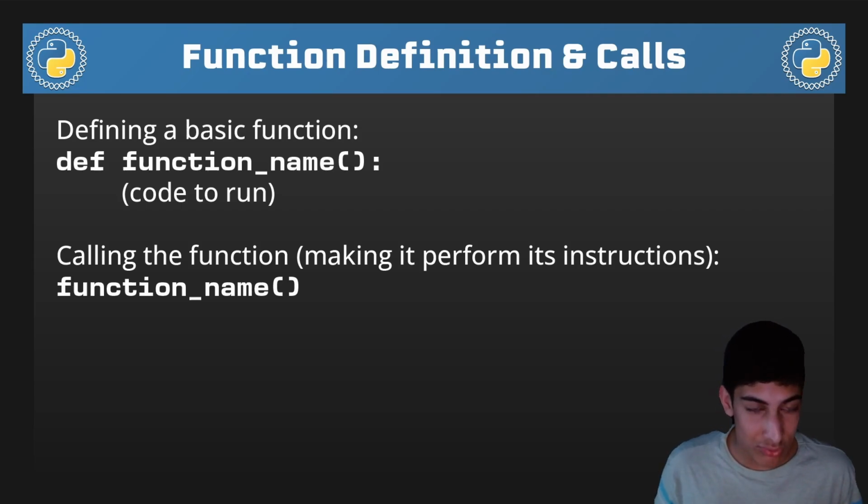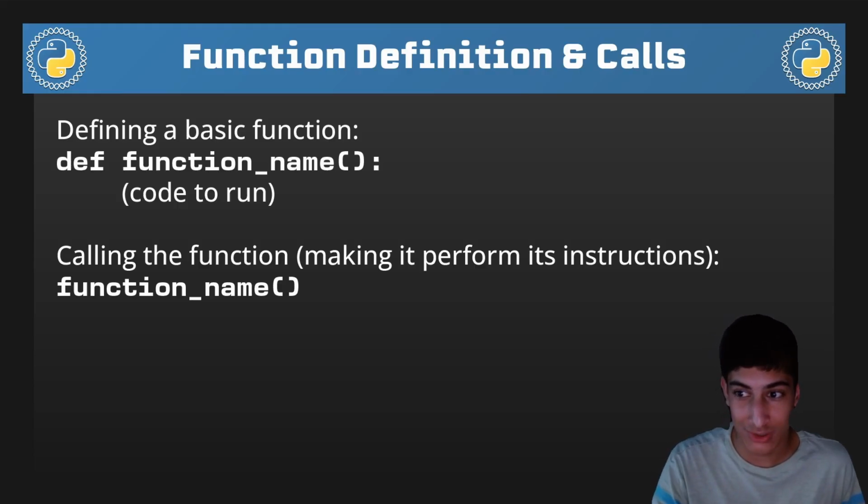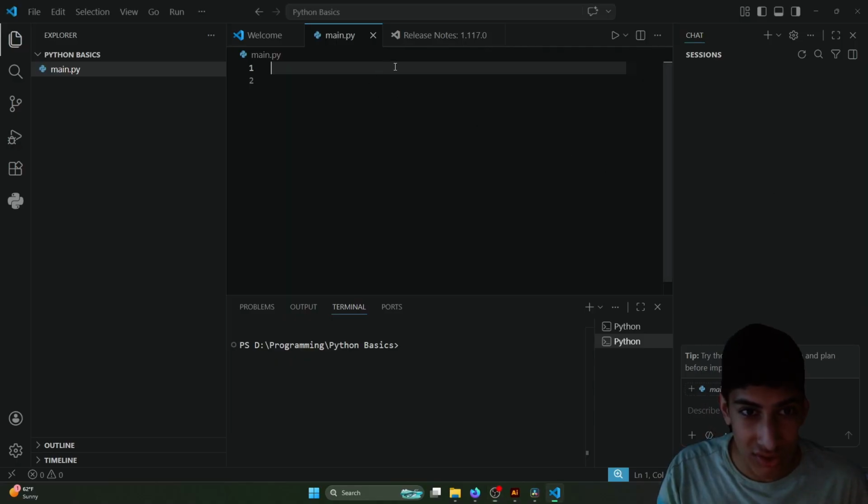And once we've defined our function, we can call it by just writing out the function name and then making use of that same pair of parentheses at the end to actually call the function instead of just refer to it. So to practice this, let's actually try defining a function ourselves, which will greet a user.